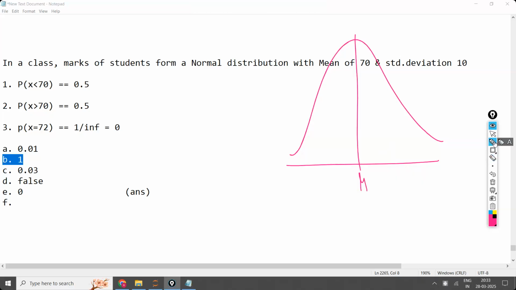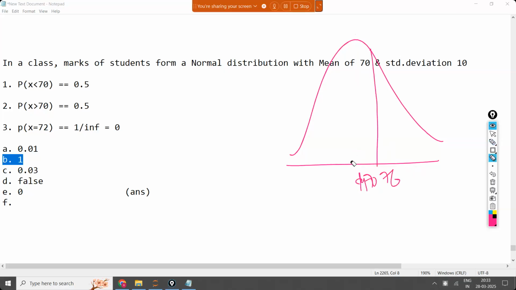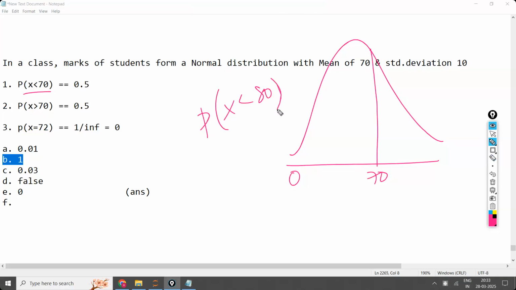What are the examples you have done till now? You calculated from 70 to 76, or less than 70. Less than 70 is nothing but 0 to 70, that is, minimum value to 70. So whatever you have calculated till now is basically an interval.